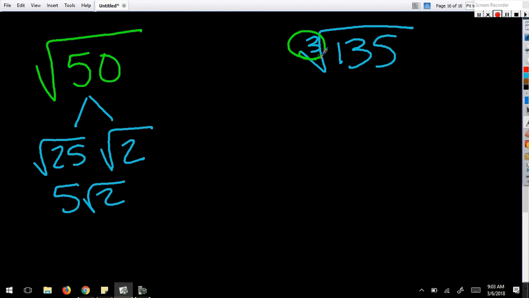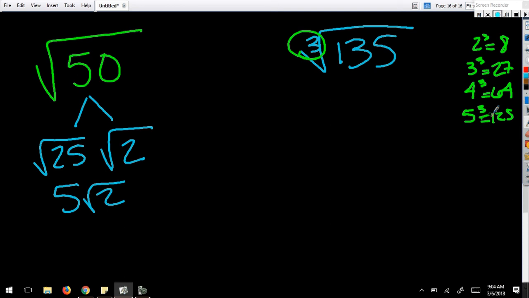So maybe I need to come to the side of my paper and list my cubes. 2 to the third is 8. 3 to the third is 27. 4 to the third is 64. 5 to the third is 125. Can I divide 135 by any of those numbers evenly?